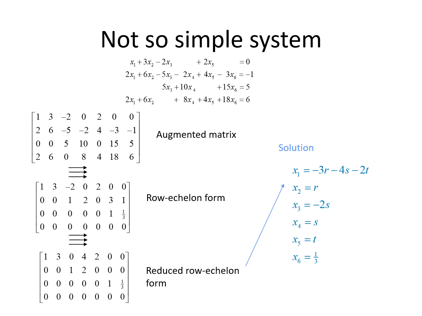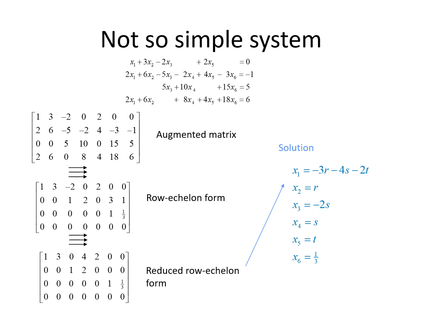The leading ones are only at the first position, which denotes the variable x1, at row number 2, column number 3, which denotes the position for variable x3, and in the third row, which denotes the position for x6. So what about the remaining variable values? Since their positions do not exist here, we must treat these variables as free variables.